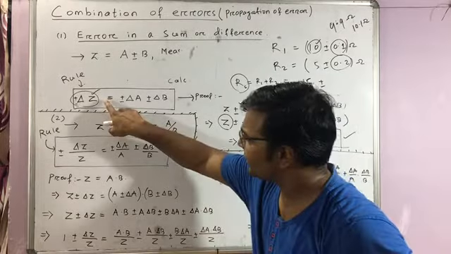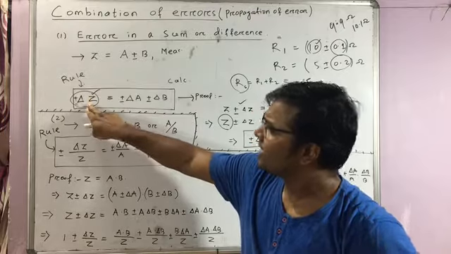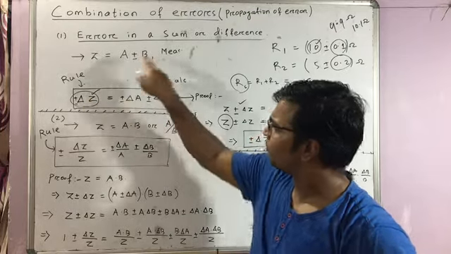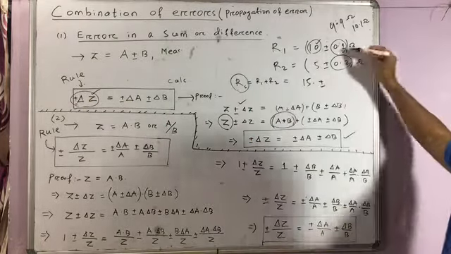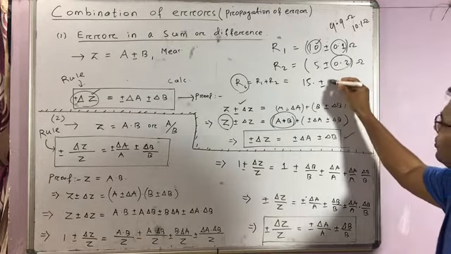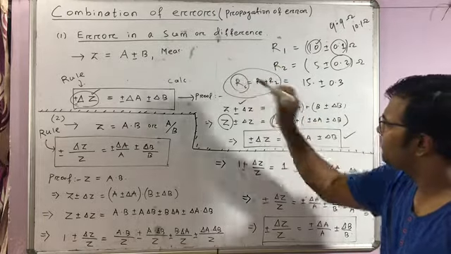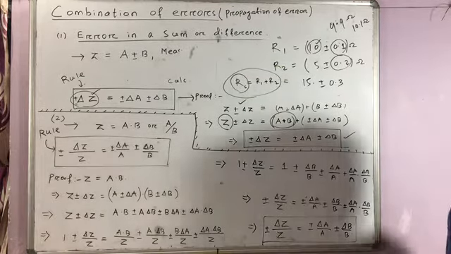So to calculate the error part, the formula is suggesting in our result the total absolute error is the sum of absolute errors in both the observations. So here the absolute error is 0.1, here it is 0.2. So the total absolute error is 0.3. So this is the case of your resistances in series.